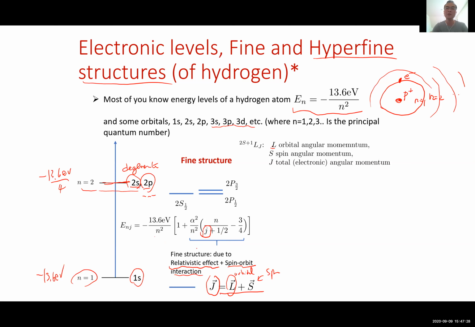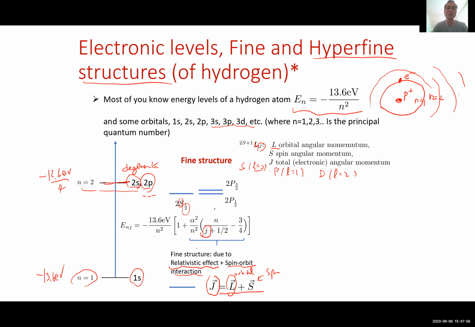So if you haven't seen this before, there's a notation that's been used. L is the orbital angular momentum. So S is actually L equal to 0. P is L equal to 1. D is L equal to 2, etc. And J here is the total angular momentum.